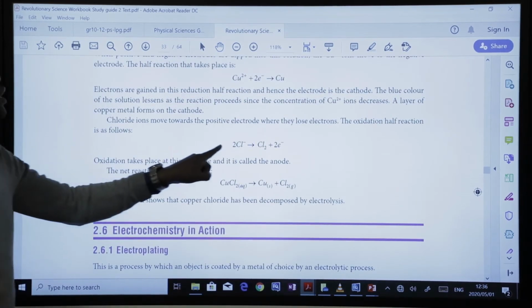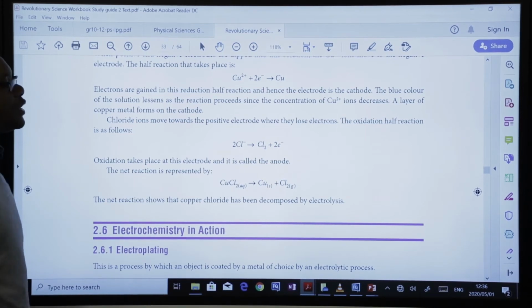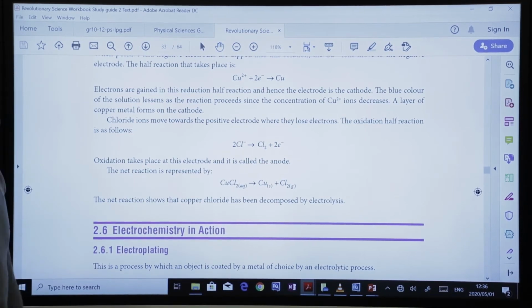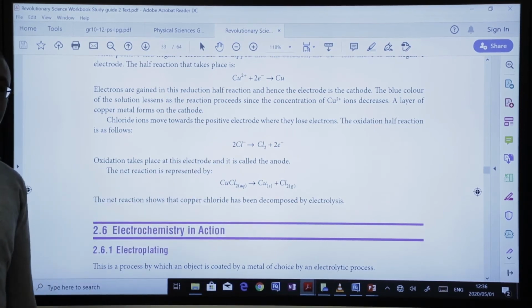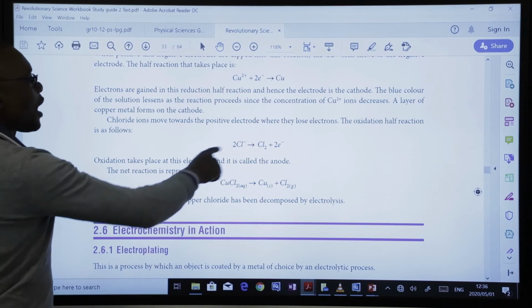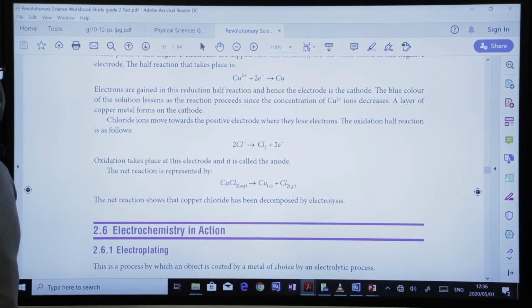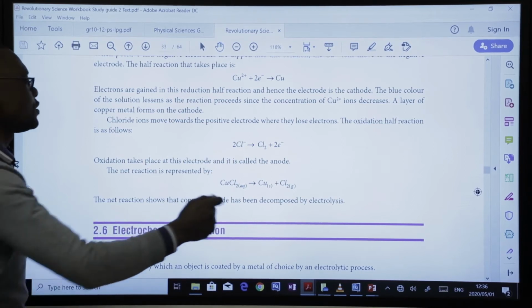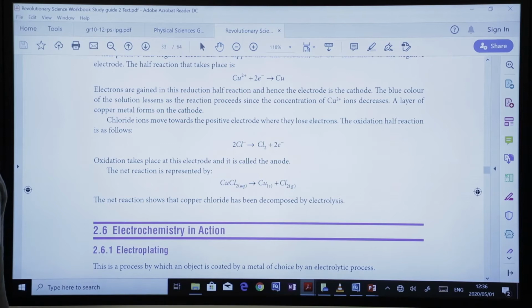We are saying a balanced half equation of the oxidation process taking place at the anode electrode is such that two chloride ions are going to give up their electrons in an oxidative process and turn into chlorine gas molecules which will bubble out.